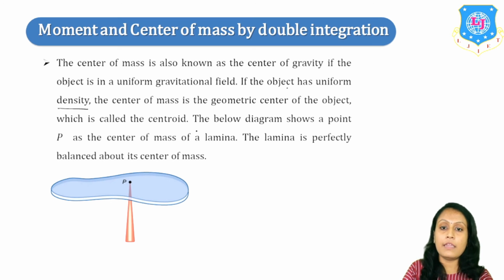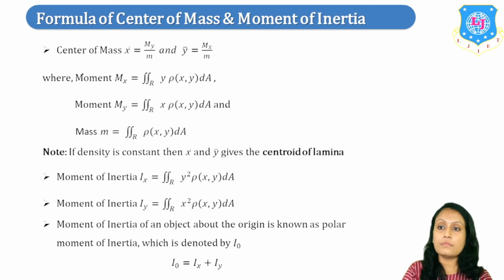Now, the below diagram shows a point P as the center of mass of the lamina. This is the center of mass of the lamina, and the lamina is perfectly balanced about its center of mass. Now let's discuss some formulas of center of mass and moments of inertia.